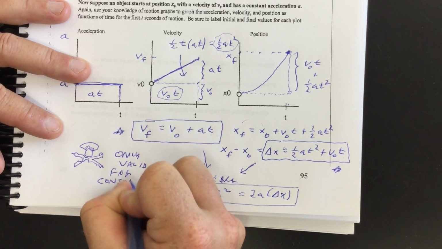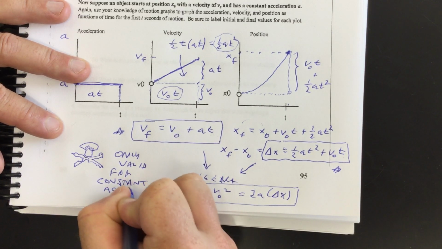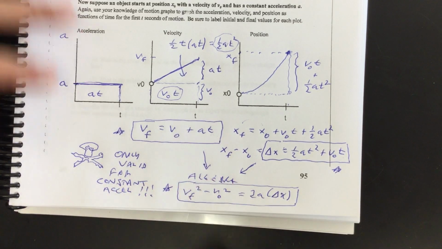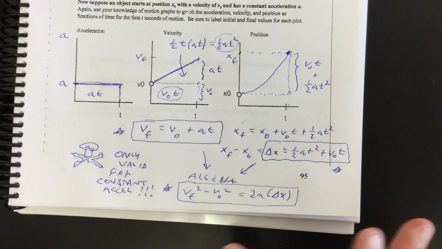Sorry, my handwriting gets messier at the bottom of a page like this. For constant acceleration. Okay, triple exclamation point. So you don't want to use these if the acceleration is not constant.